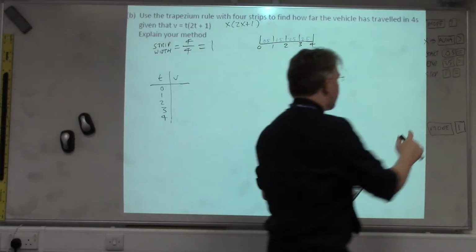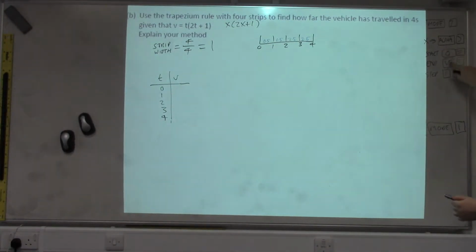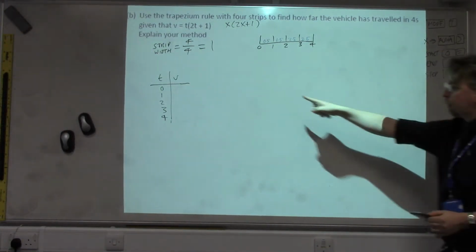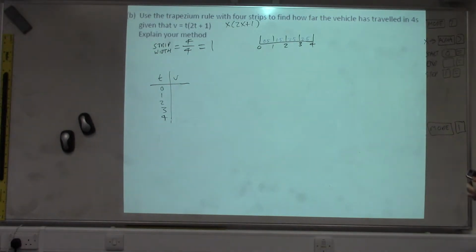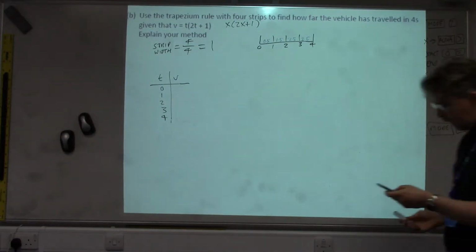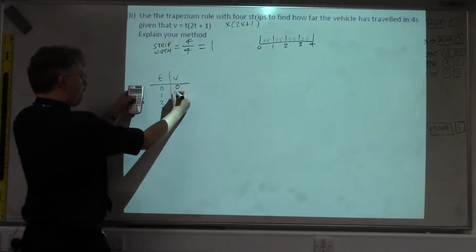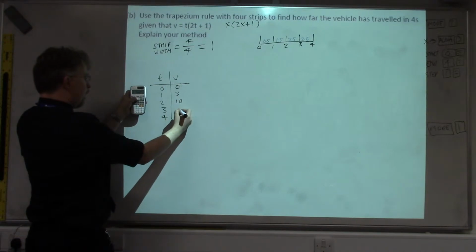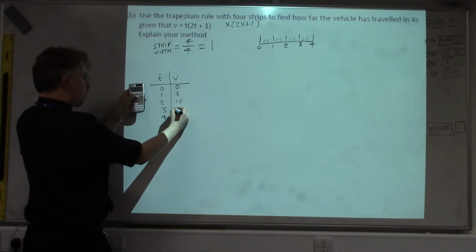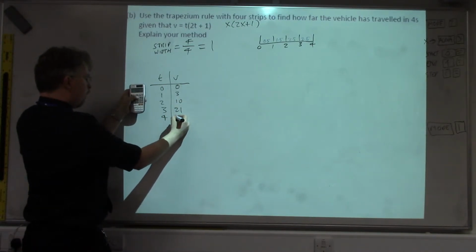Now we're starting at 0, because the table starts at 0, ending at 4 because the table ends at 4, and it's going up in 1 still. So 0, 4, 1, we get a table. Filling it in: 0, 3, 10, 21, 36.